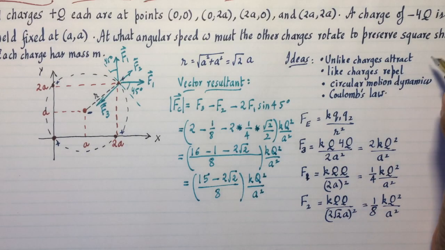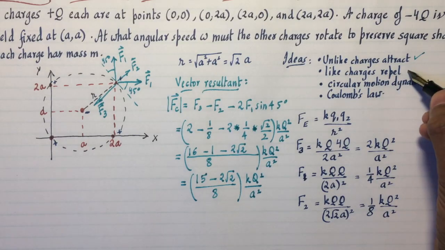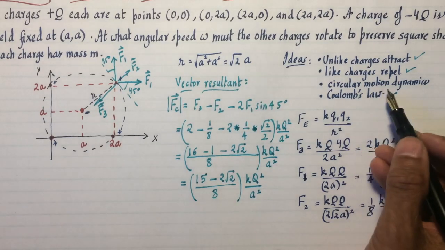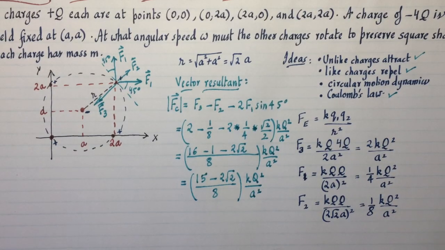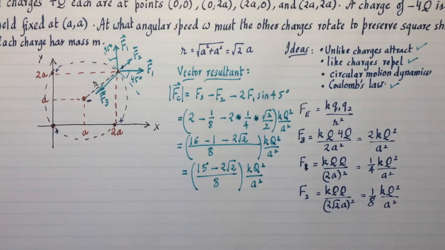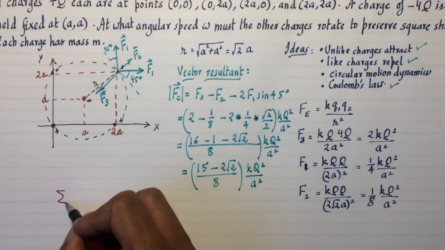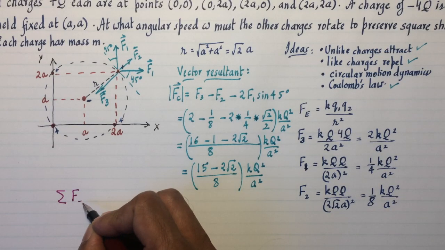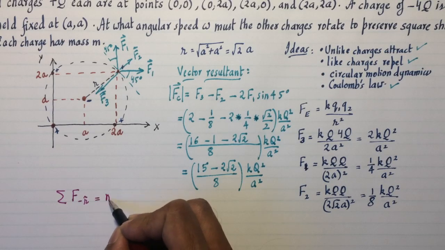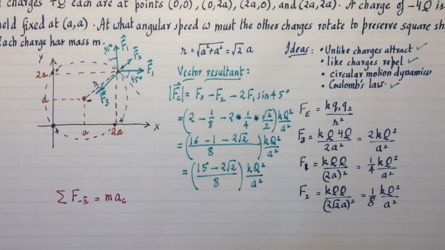So far we have used Coulomb's law. The last step of the puzzle is circular motion dynamics. There the second law of Newton has to be used. Newton's second law states the following: the sum of the forces acting in the radially inward direction is equal to mass times the centripetal acceleration.